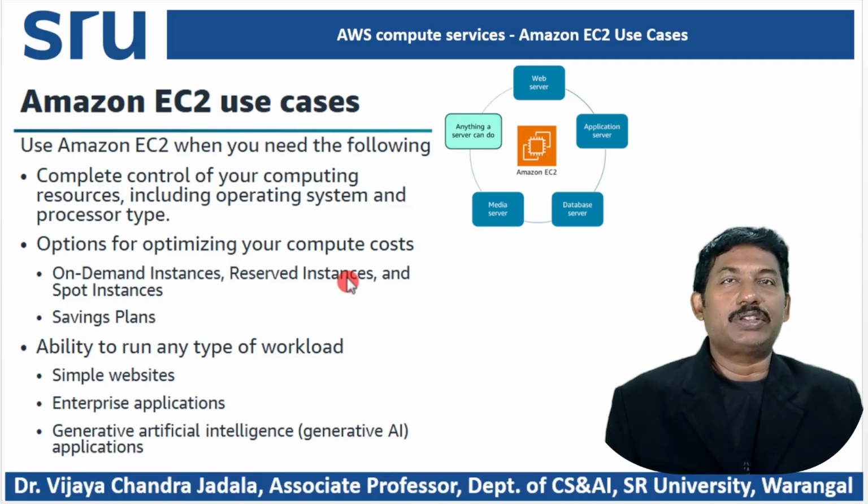On an EC2 instance you can load any of these services. It has the ability to run types of workloads such as simple websites, enterprise applications, and generative artificial intelligence related applications.